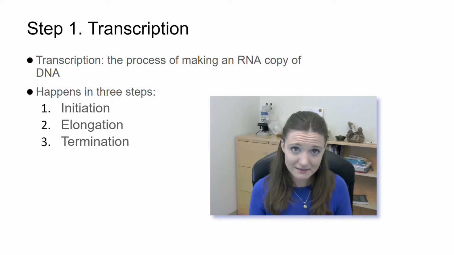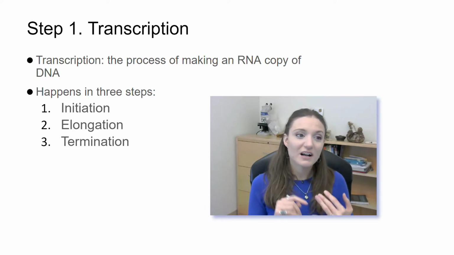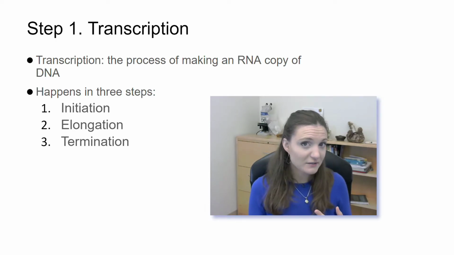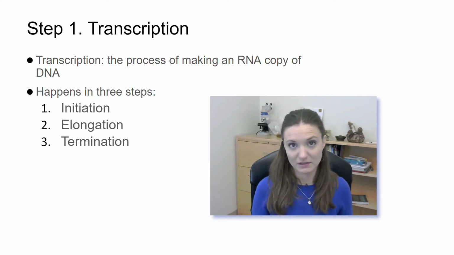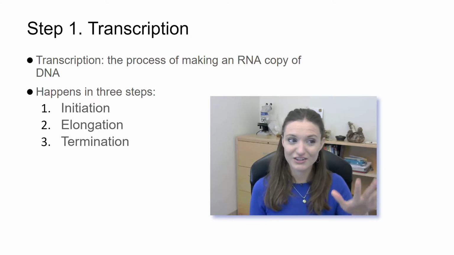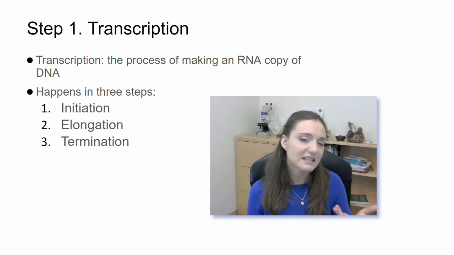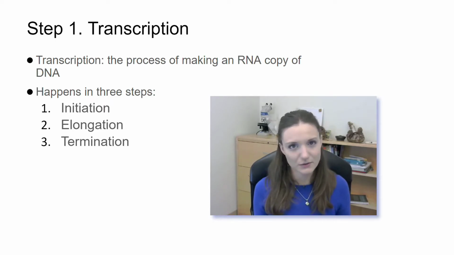So we're in the nucleus, because that's where DNA is at, right? And we're going to talk about the major steps that are happening here in transcription and the enzymes responsible for what's going on. So these will be the same steps: initiation, elongation, and termination. We'll see these same steps again when we talk about translation. Okay, so that might be a little confusing.